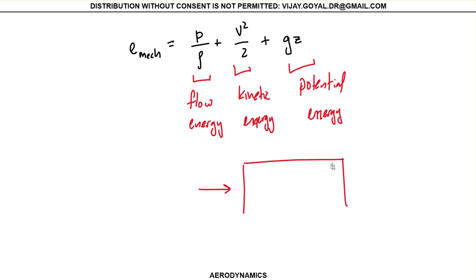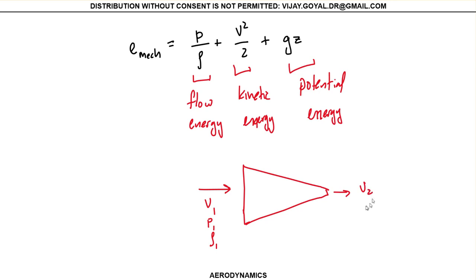If I have a nozzle, maybe a nozzle that does this, you're going to have a speed here, a pressure here, a density there, and then another velocity there. The pressure will be different, and the density should be the same.